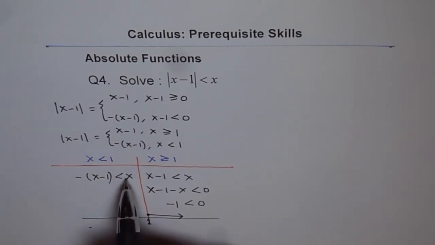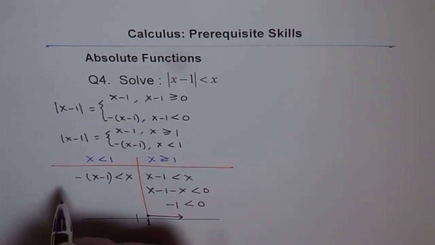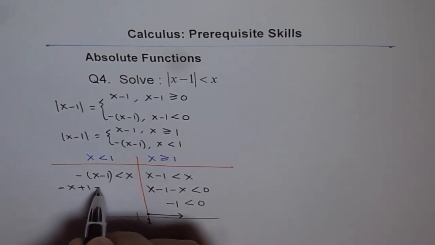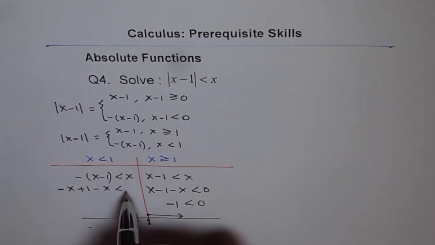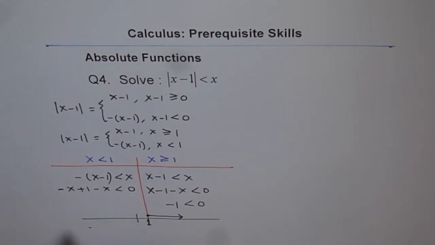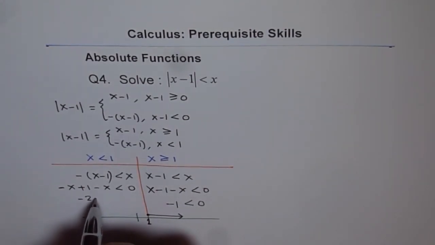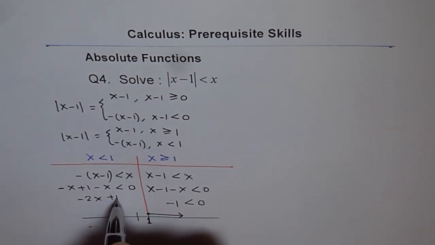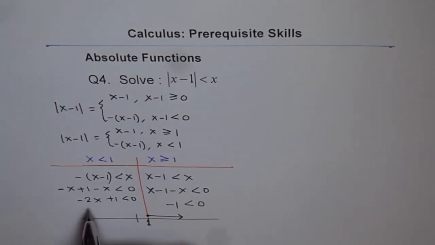So let's try to solve the other part. If I open this up, I get -x + 1 - x < 0, and -x - x is -2x, so -2x + 1 < 0. Now let me take -2x to the other side.